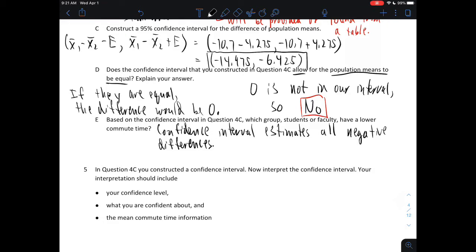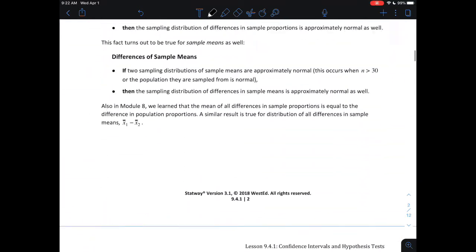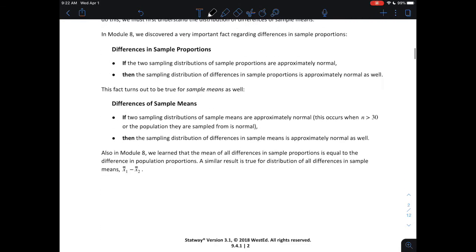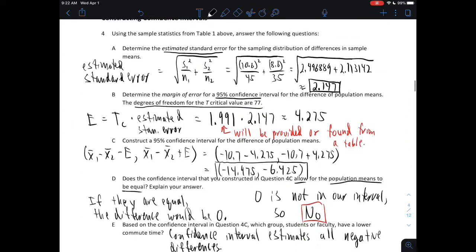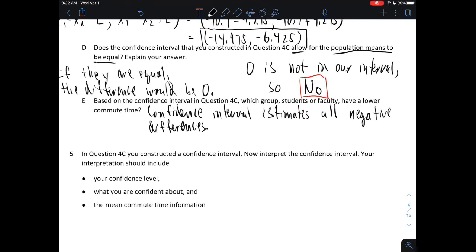So if we only have negative differences, then think back to the first page of this lesson, where we said if we have negative differences, the second sample mean is greater, which means the faculty has a greater commute time. So then what does this confidence interval tell us? It tells us that who has the lower commute time?